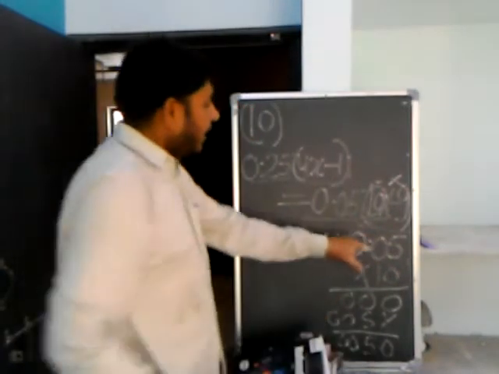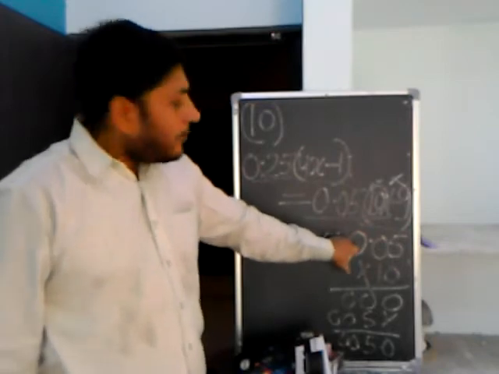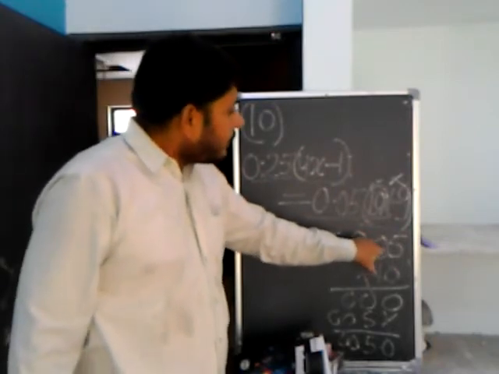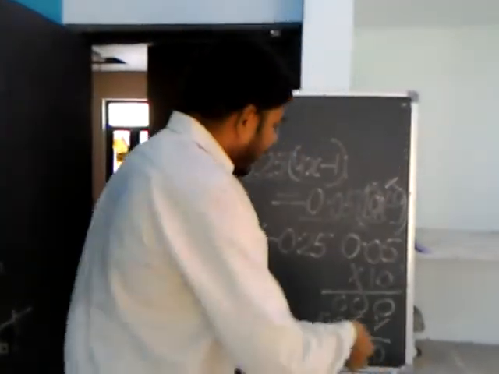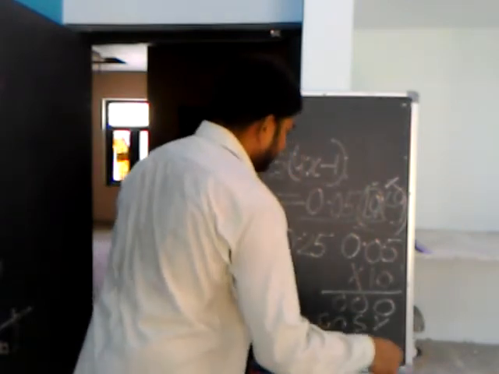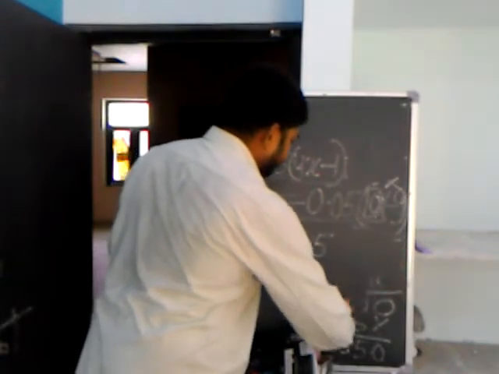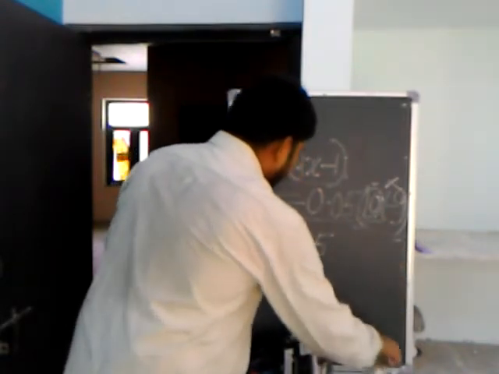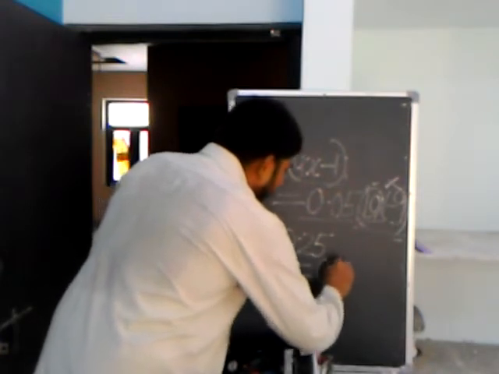Now here I am having two digits after the point, 0 and 5. So I will count two digits from the right hand side, and it becomes 0.5. Now I will write this out: 0.5x.